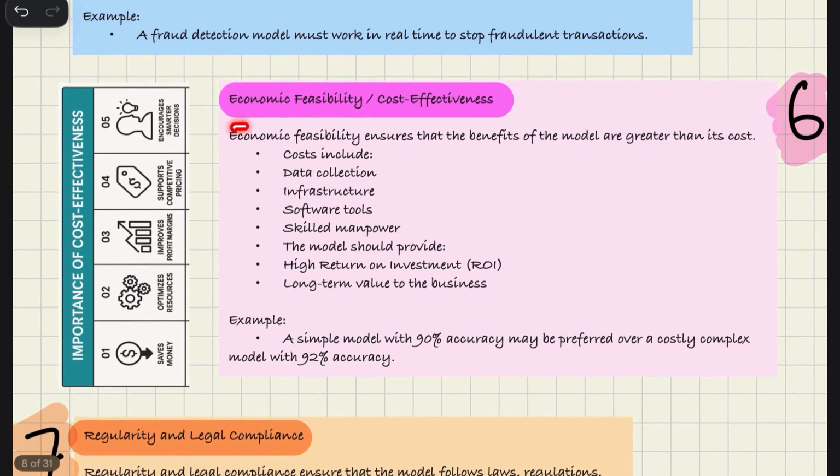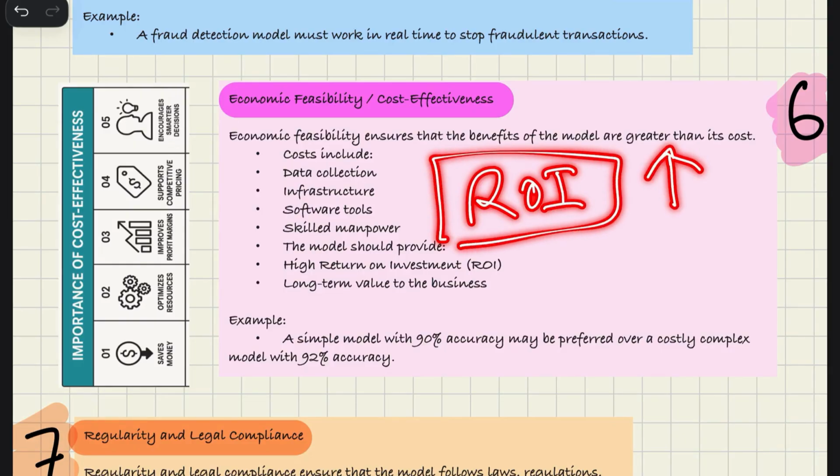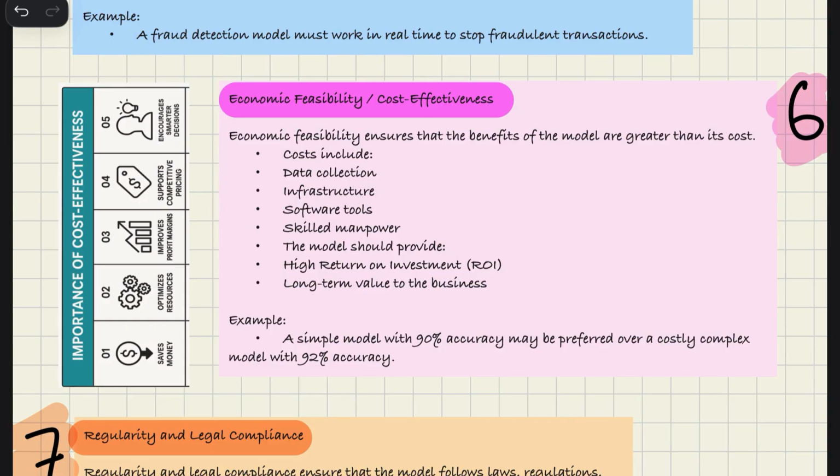Then comes the sixth requirement, which is economic feasibility and cost effectiveness. The financial benefits gained from the model must outweigh the cost of data collection, infrastructure and staff. Basically, there should be high ROI, return on investment. So you need to make sure that your model is economically feasible.